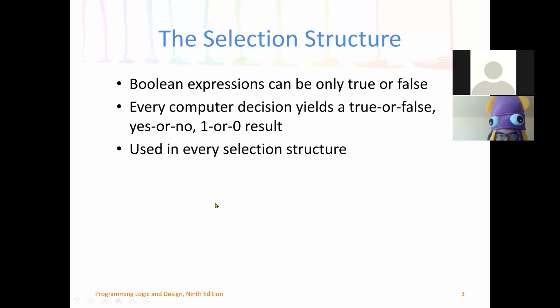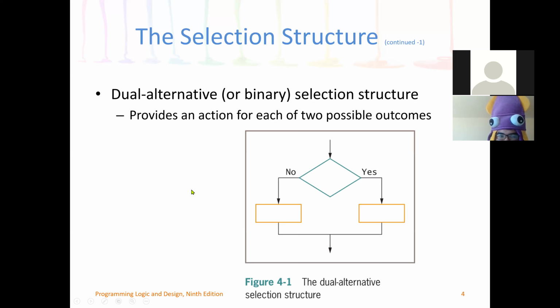The outcome should always be two: either an expression is true or false, or a condition is true or false. This is called a dual alternative or binary selection structure, which means we have two-way selections.